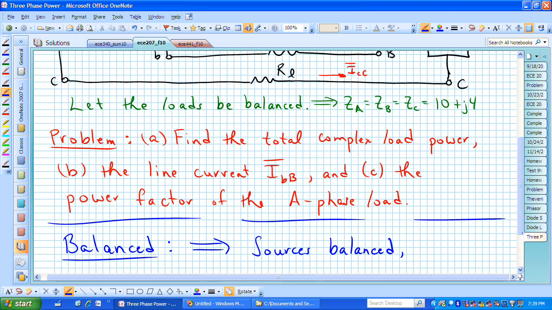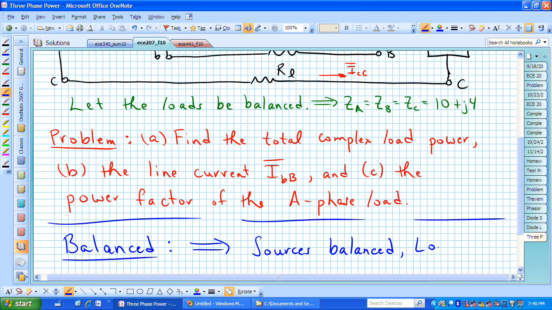They're also expressed in RMS values initially, and so we don't have to worry about converting. And now all of our power formulas are accurate, or can be used consistent with what we've had before for our complex power formulas expressed in RMS units.